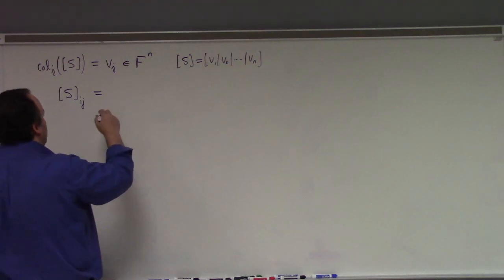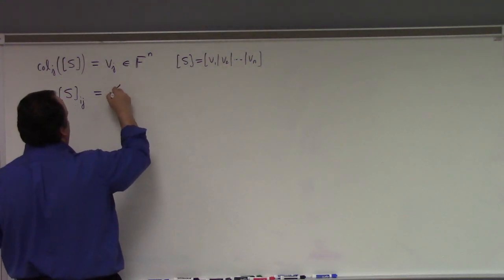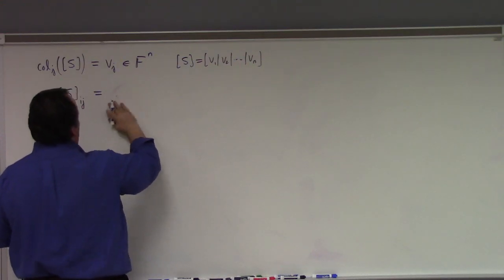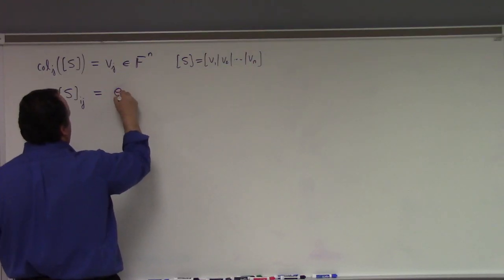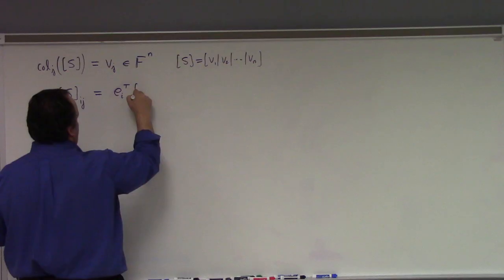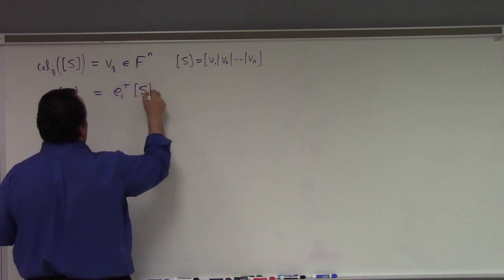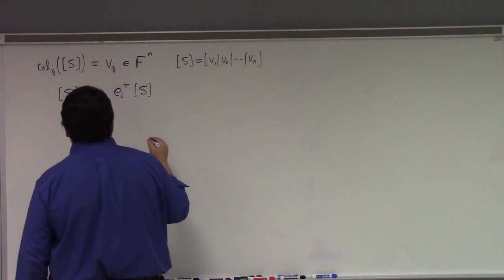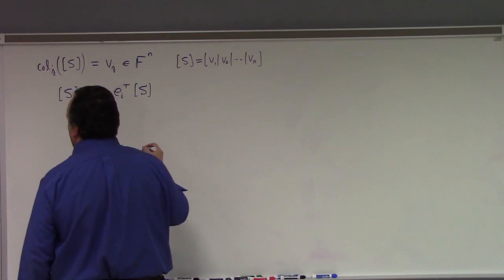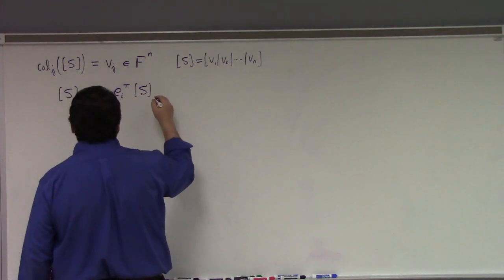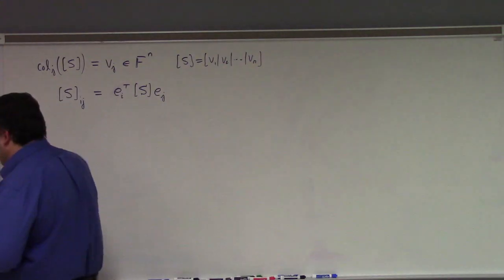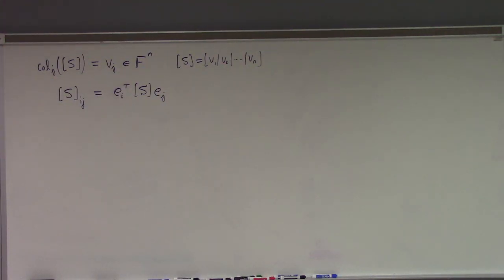So I believe it was the inner product of, well, fine. In my current notation, it would be Ei transpose times the matrix of S. I mean, this is just true for a matrix in Fn by n, right?